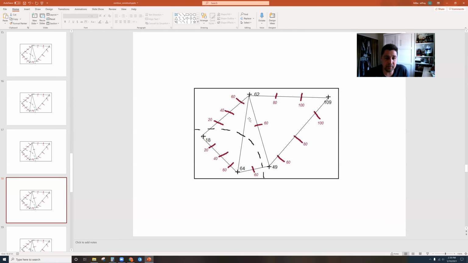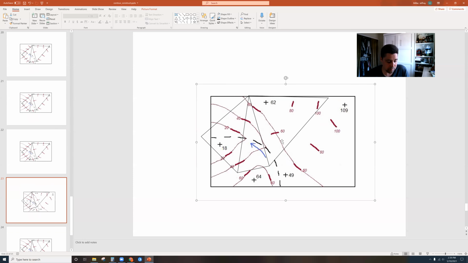So there is not going to be any contour line that crosses in between here that has a value of 60. Now, we have 60, 60, and 60 here, which means when we go through and work our way through this, our 60 is going to cross right through there.